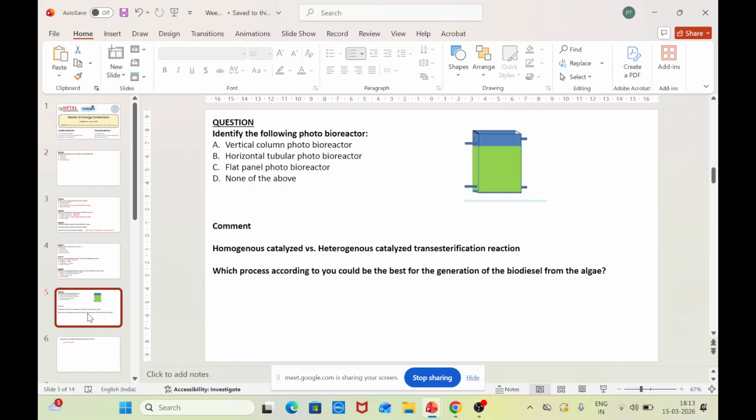So there are three different types of photobioreactors, right? Vertical column, horizontal column, and flat panel. So which of the following is the photobioreactor that is shown in the picture? Which one of the following is this bioreactor? Is it a vertical column or a horizontal tubular or a flat panel?